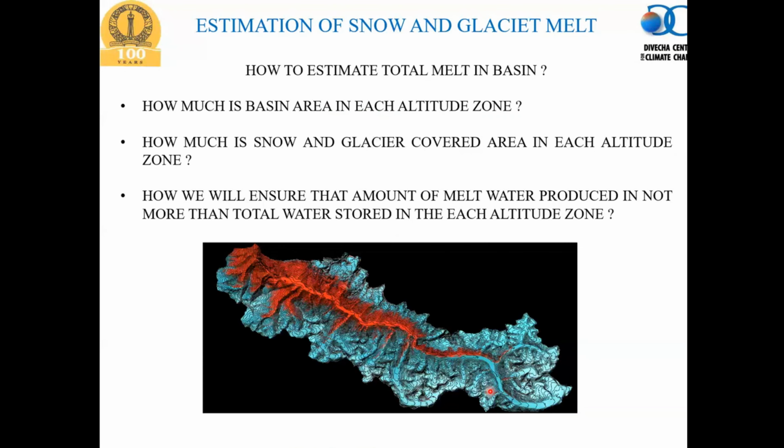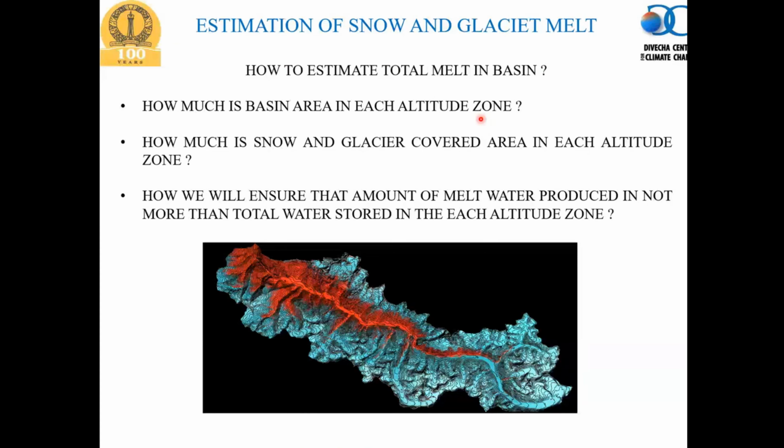The key question is, once we have a melt parameter which is related to the temperature, we need to estimate how much snow and glacier melt there is. So how do we estimate total melt in a basin? How much is the basin area in each altitude zone?